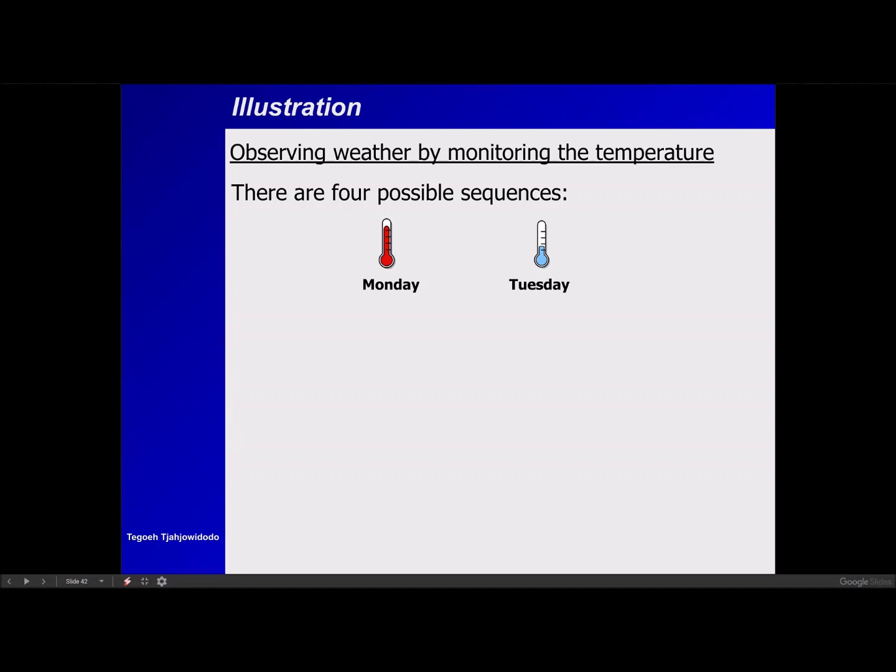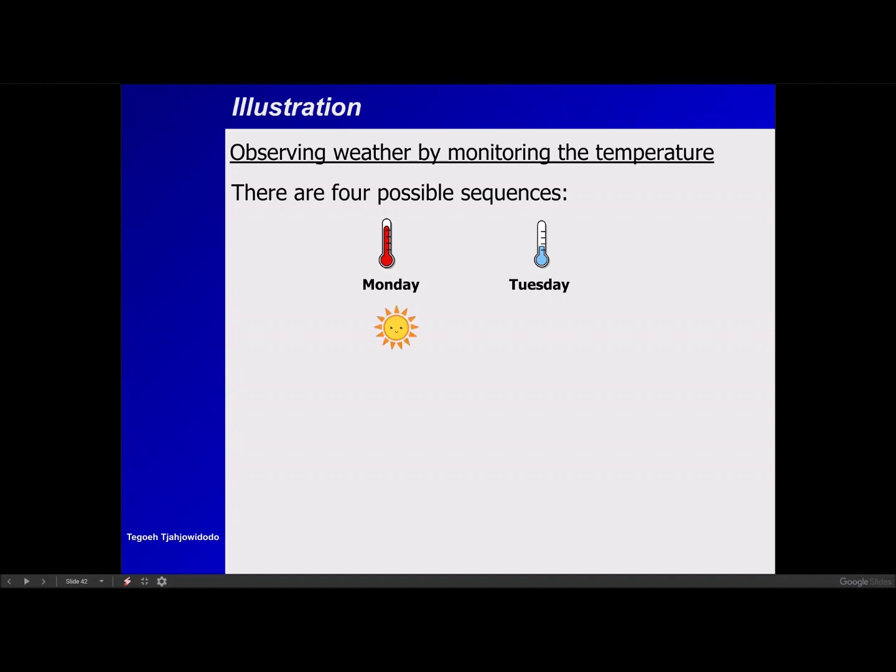We have a 2-day event case here, Monday and Tuesday only. The observable state says that Monday is warm, Tuesday is cold. We are going to predict the sequence of the weather based on the statistical properties, the probabilities in here.